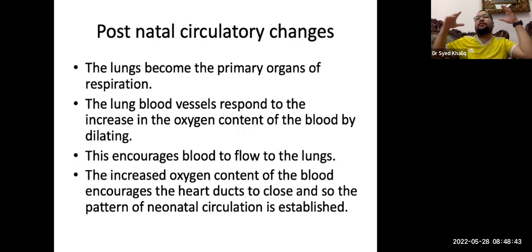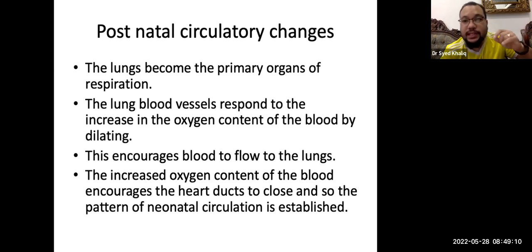So if you understand this, what happens when the blood pressure in the lungs remains elevated? As I said before, because of the changes that I've mentioned, there is reduced pulmonary blood pressure and increased systemic blood pressure.